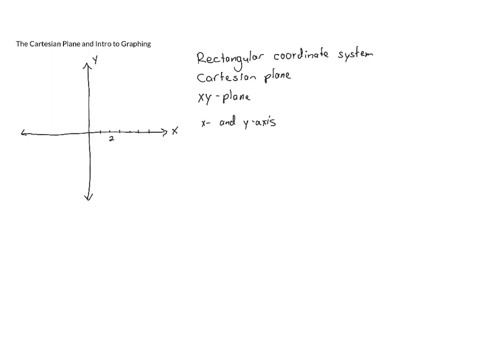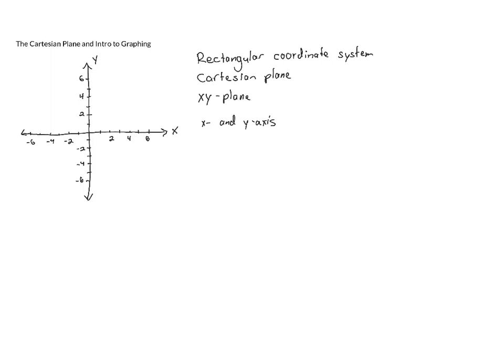Let's see, 2, 4, 6, -2, -4, -6. And then the same with y. With y, up is the positive direction, and down is the negative direction.